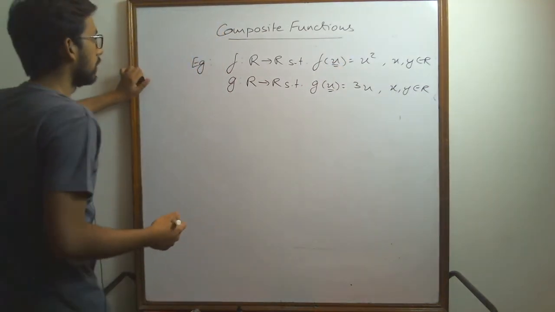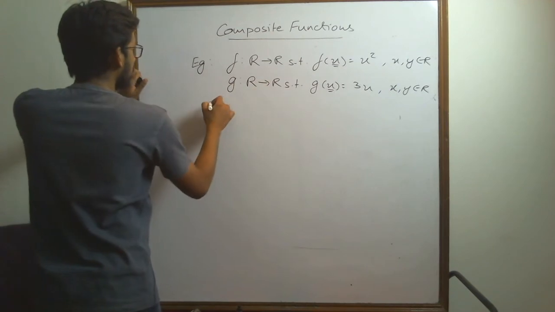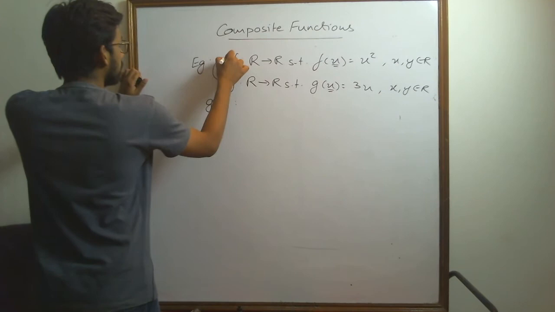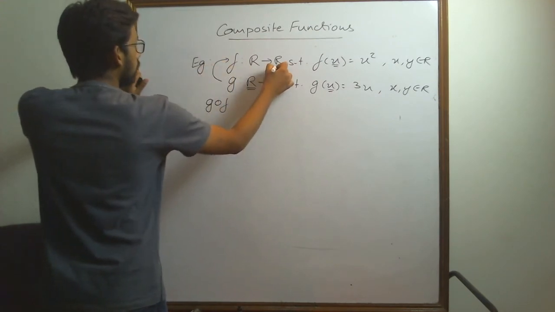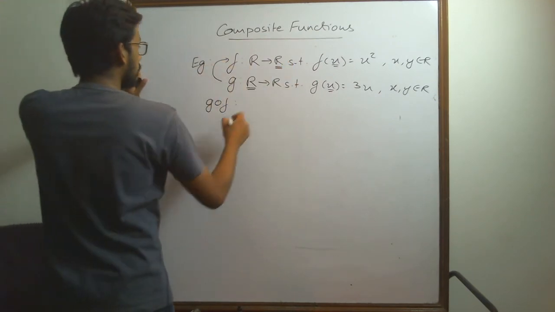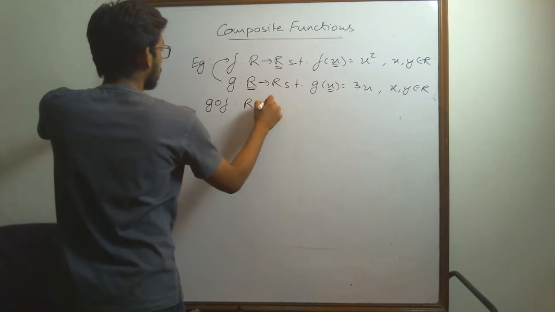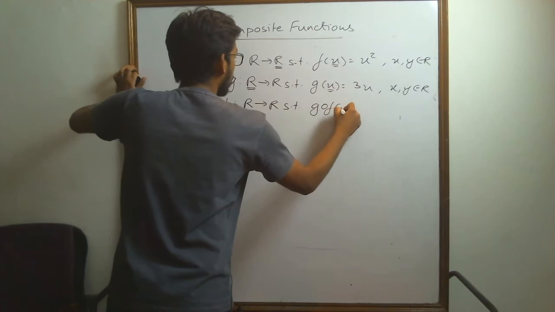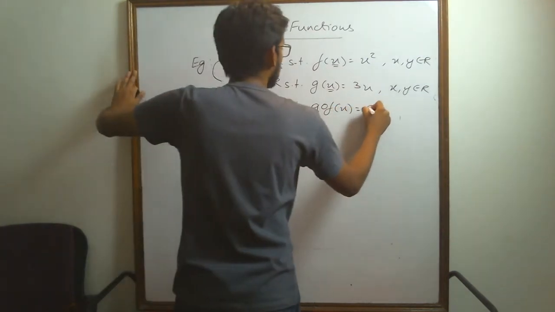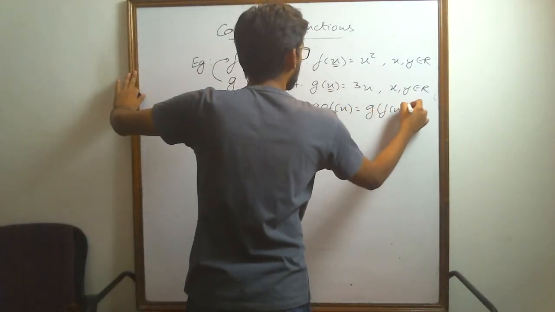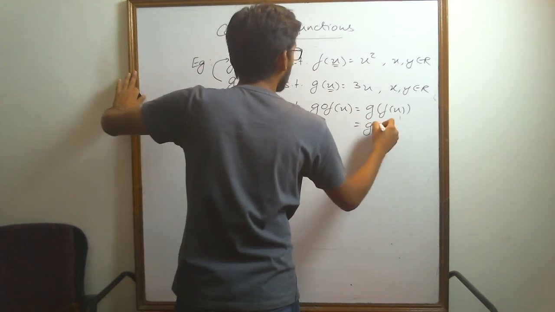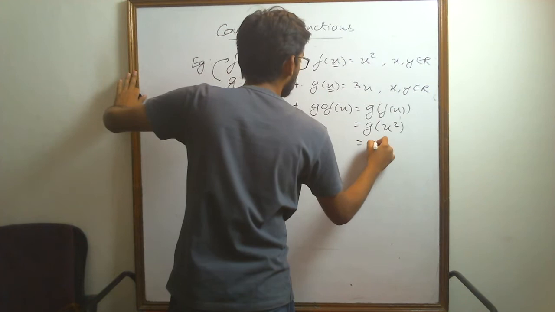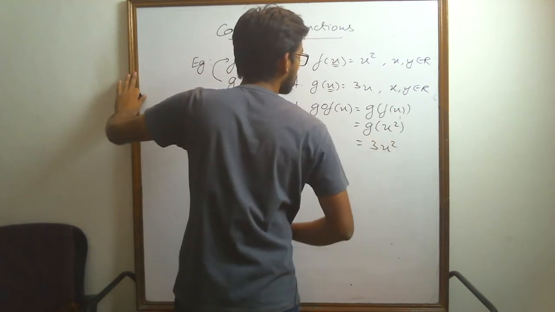They are different. They are in different functions. Now if I define G of F, the domain of G and the codomain of F are same, so we can define the function G of F from R to R such that G of F of x is equal to G of x square, which is equal to 3x square.